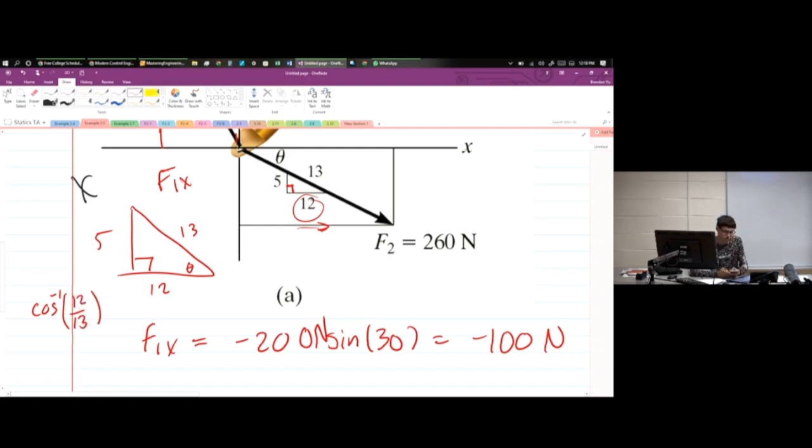So if we do arc cosine of 12 over 13, we are going to get 22.61986495, right? So it's going to be an ugly angle to work with, which is why we don't do that.